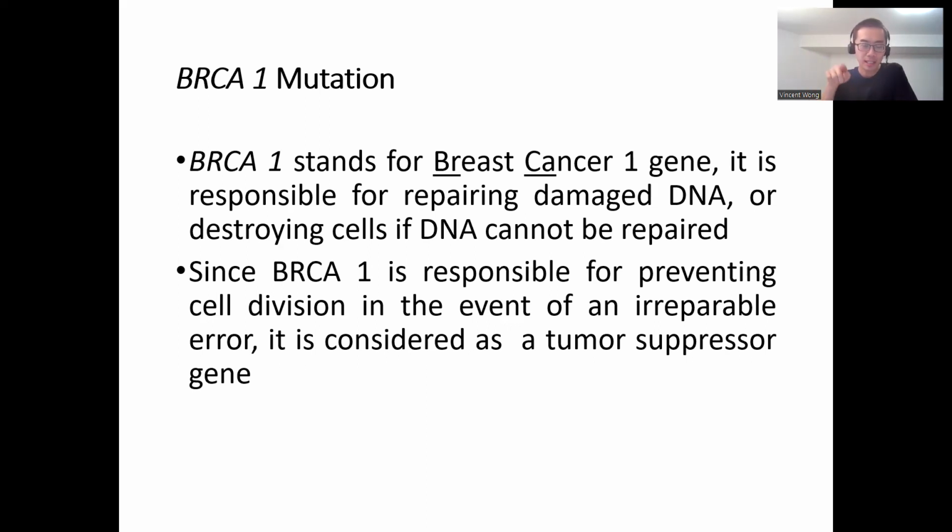So do you think this is a green light or a red light? In other words, is it a proto-oncogene, a green light, or is it a tumor suppressor gene, a red light, if it's responsible for repairing DNA damage?